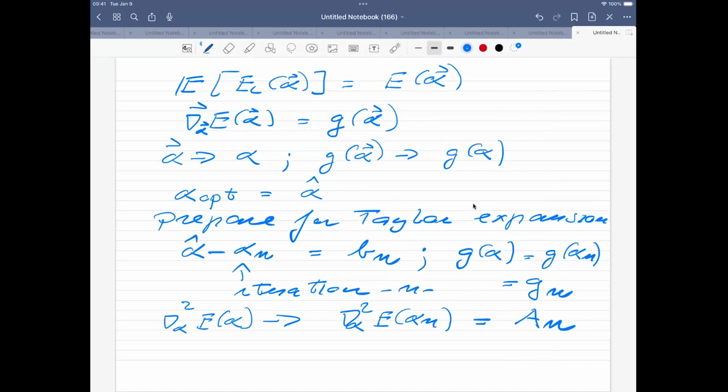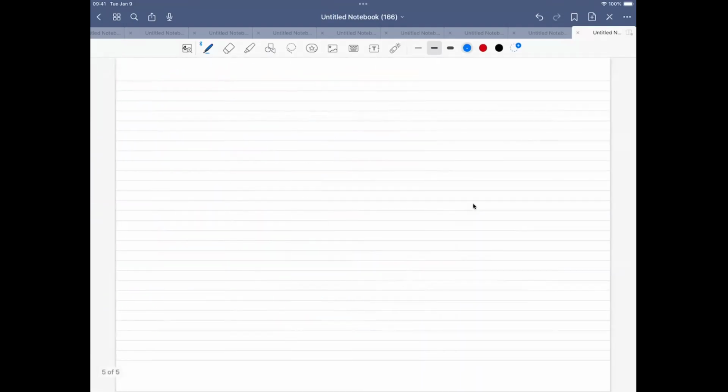So now I have a scalar quantity. So I only have one alpha value. So now I make a Taylor expansion. So we Taylor expand around the optimal value of alpha.